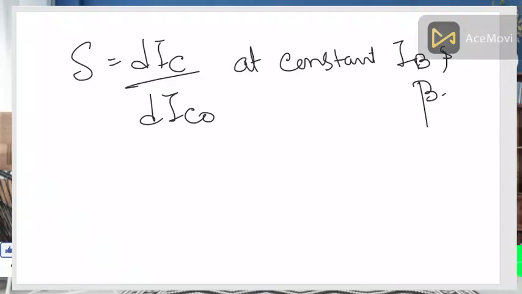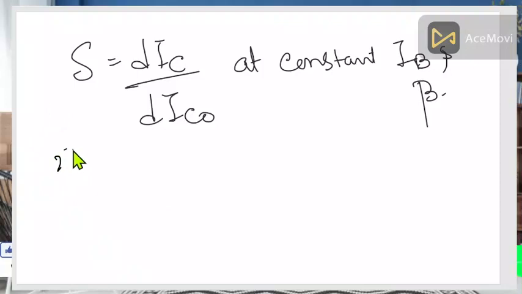So if we have a large value of S, this means the change in collector current is quite large with respect to the change in reverse saturation current, or the leakage current.